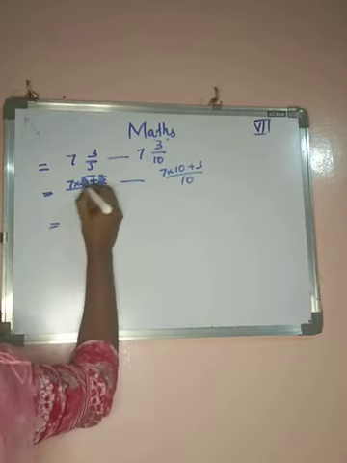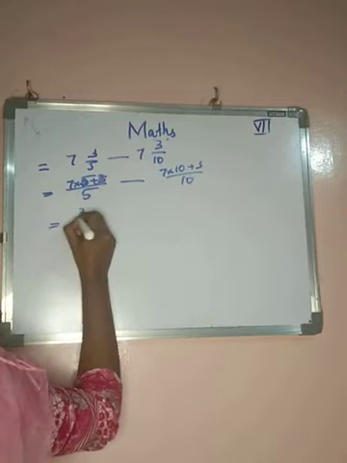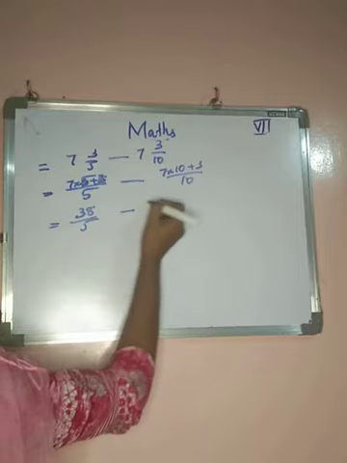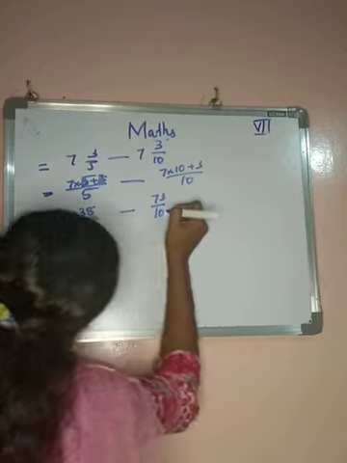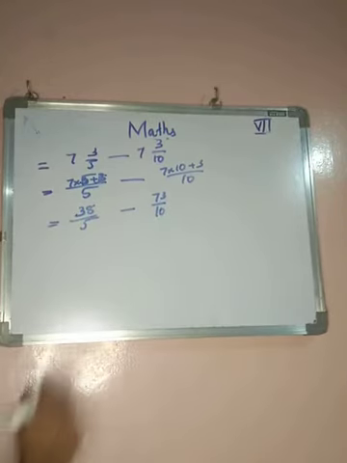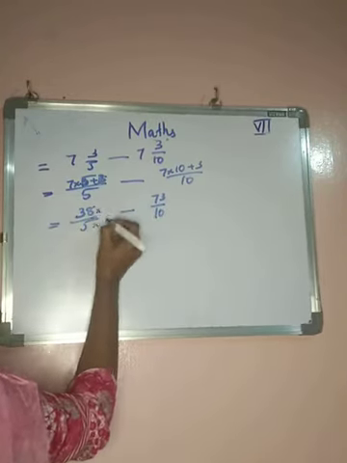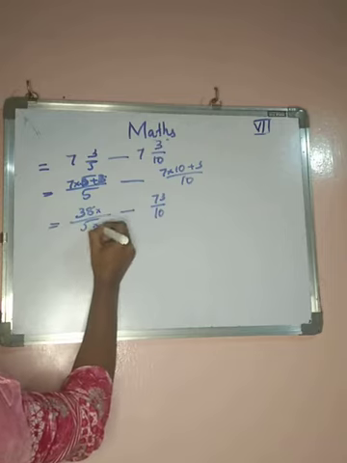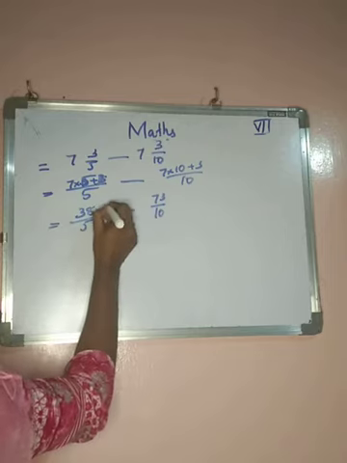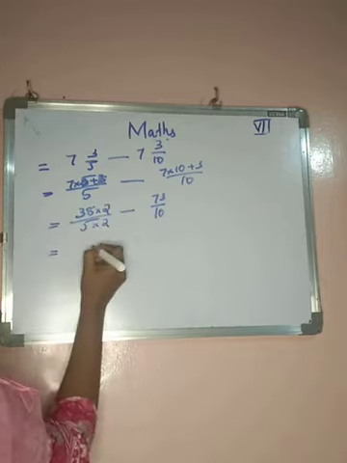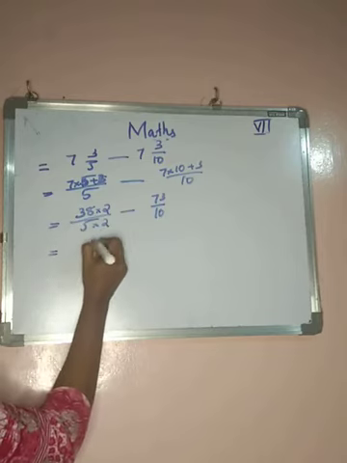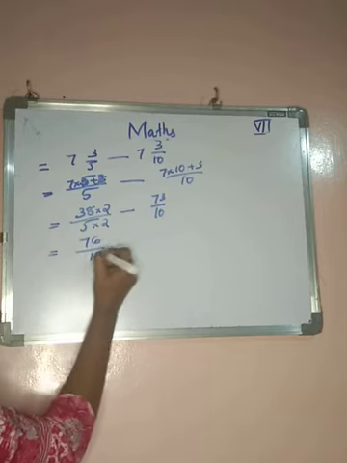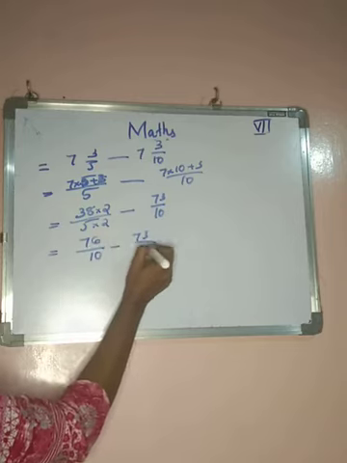We get 38 by 5 minus 73 by 10. Then converting to like fractions, multiplying numerator and denominator by 2, so 38 into 2 is equal to 76 by 10 minus 73 by 10.